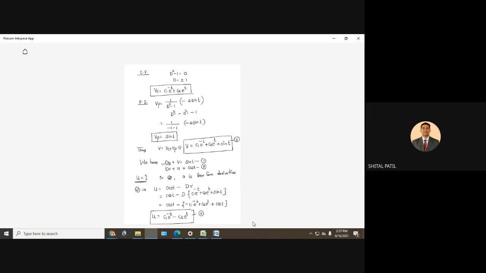Now we have to use initial condition. We don't have to stop here. We have to use the initial condition. Let me continue. Can I change the page?